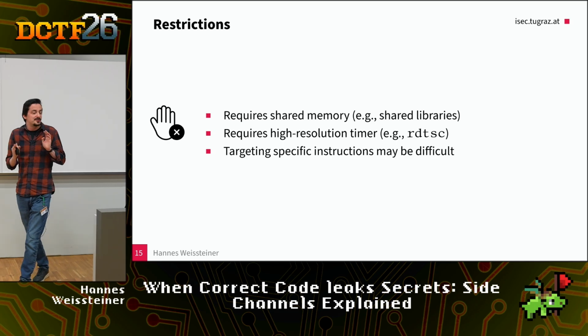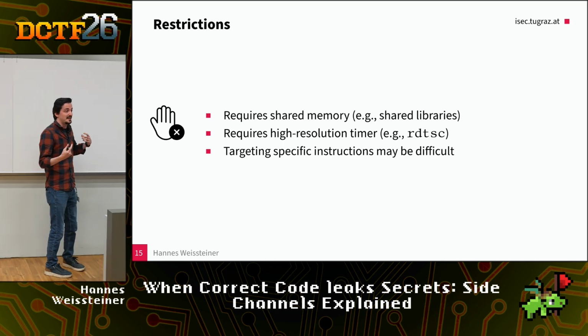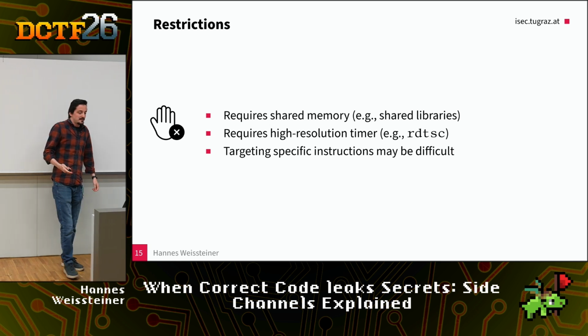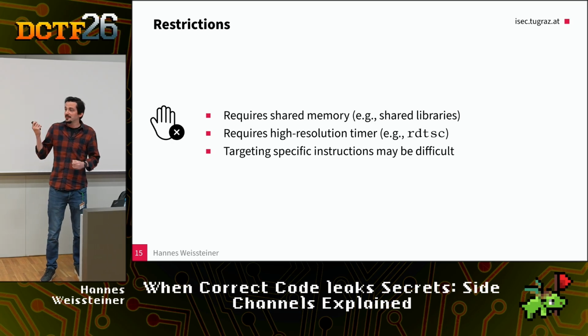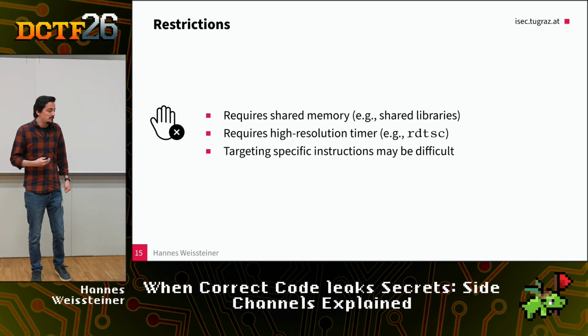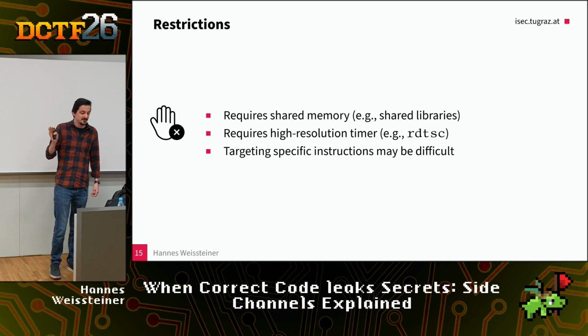There are some restrictions to flush and reload. For example, you need some shared memory. If you cannot access the same memory, this doesn't work. We also need a high-resolution timer. Luckily, the read timestamp instruction is just unprivileged. But it may not be available, for example, in JavaScript. But there are tricks around that.